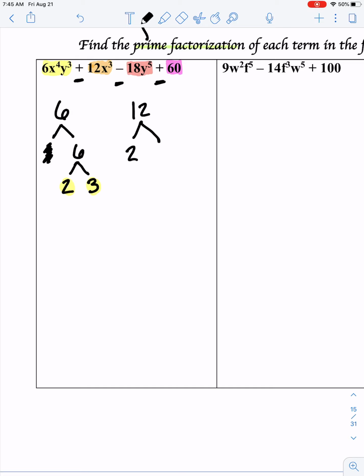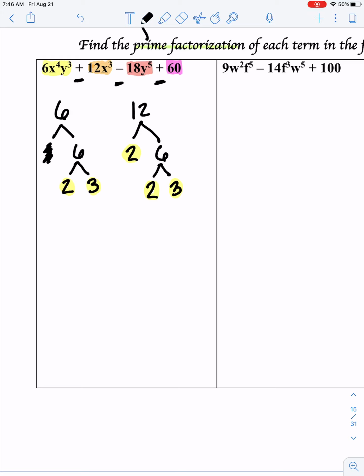So 2 times what is 12? 6. And I know 2 is prime, so I'm going to circle that. 6 we just did, and it's also even, so it must be divisible by 2. I get another prime, so I'm going to highlight it. And then 3 is also prime, so I'm going to circle it.